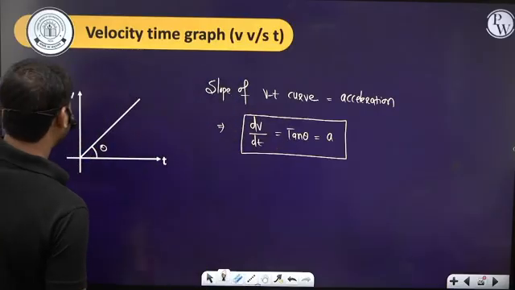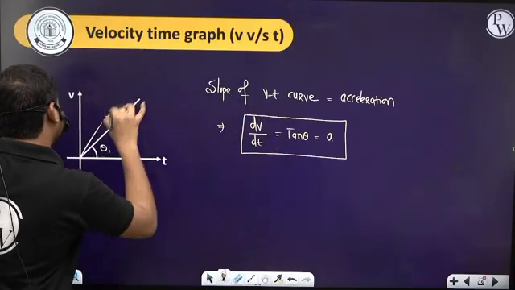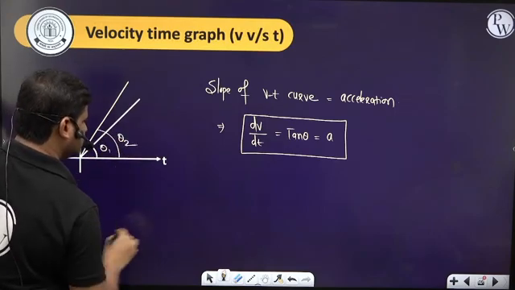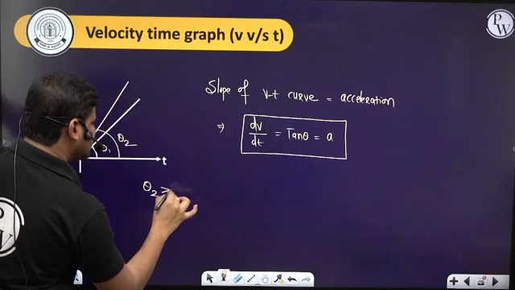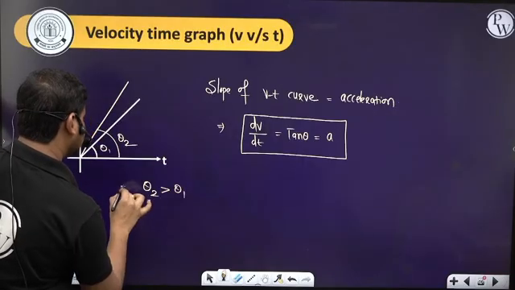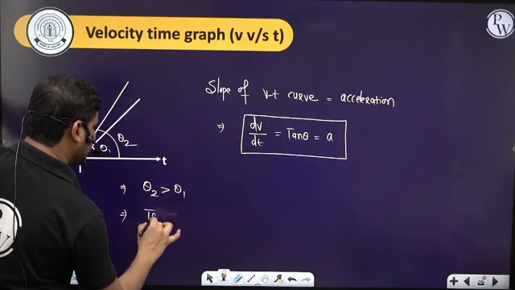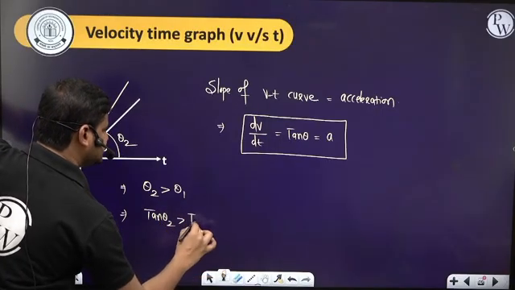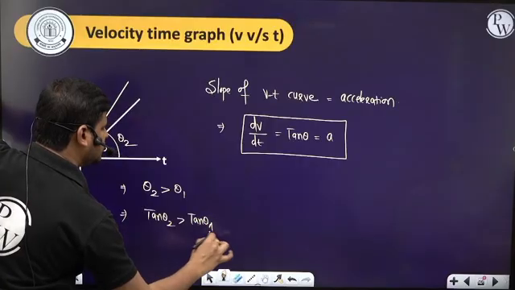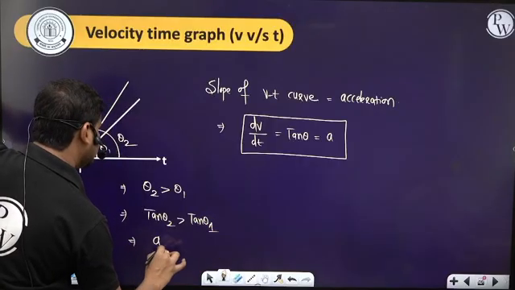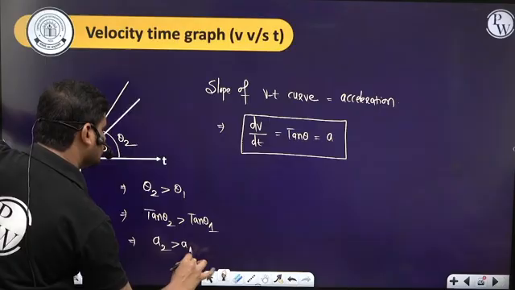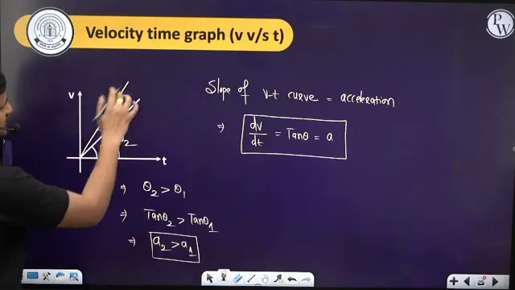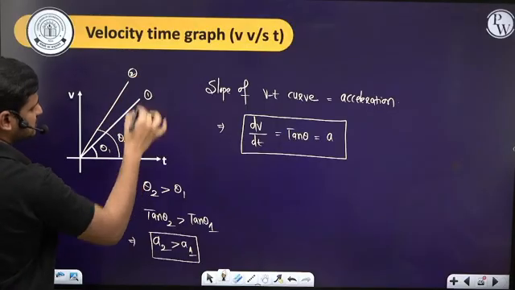Let's suppose this is theta 1. If I take some other body whose velocity-time graph is like this, let this be theta 2. As theta 2 is greater than theta 1, shall we say that tan theta 2 is greater than tan theta 1? Then can we say the acceleration of the second one is greater than the acceleration of the first one?